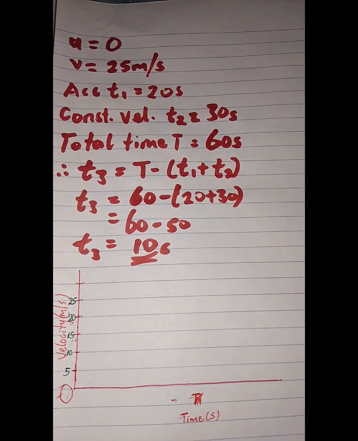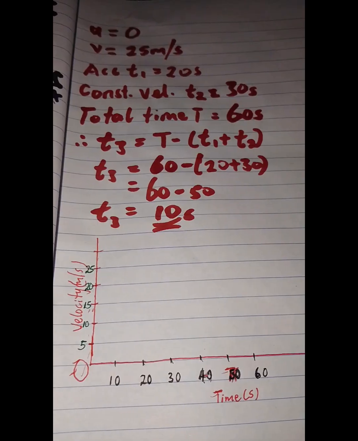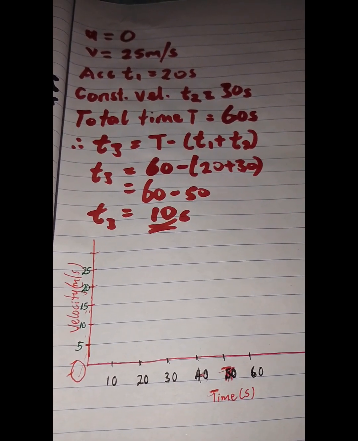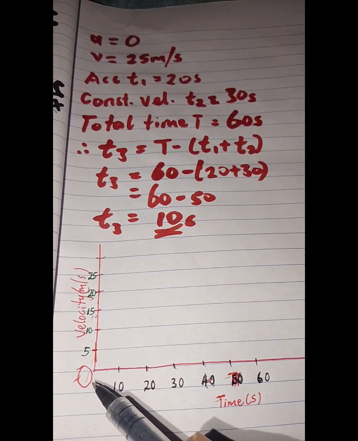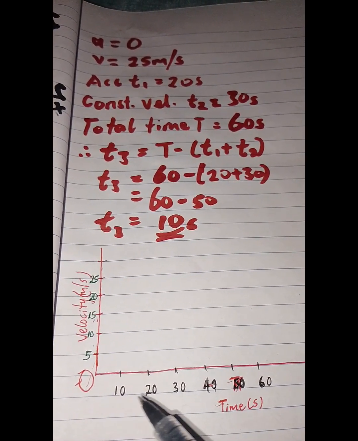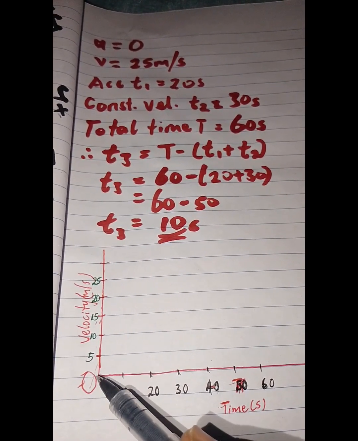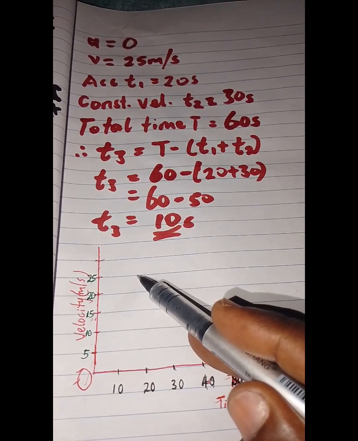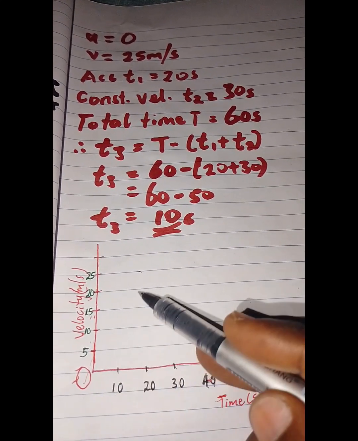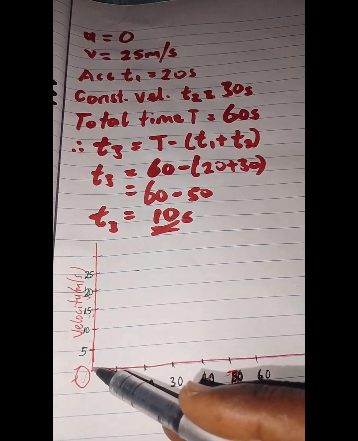Therefore, according to the question, the car starts from rest, which is 0 initial velocity, and then accelerates uniformly for 20 seconds. That means it accelerates till it gets to 25 meters per second in 20 seconds. So it accelerates to this point for 20 seconds.